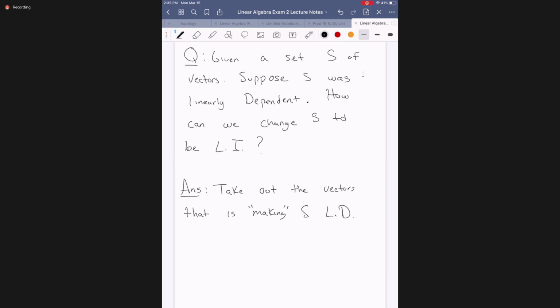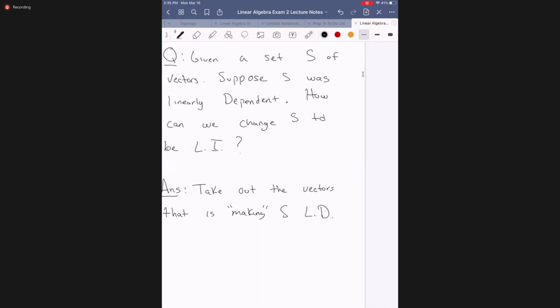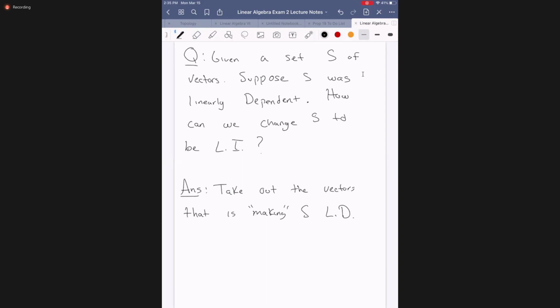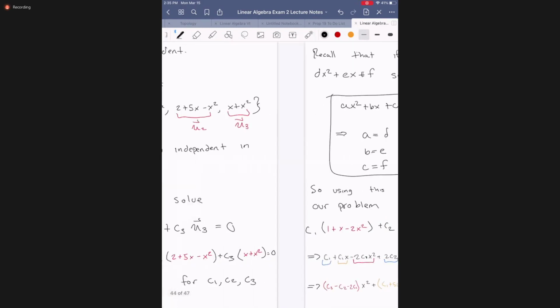If you take those out, you can create a new set, and that set would be linearly independent. But how do you know which ones to take out? Well, this is how you can know. Let's say theorem 4.4.2, I believe.